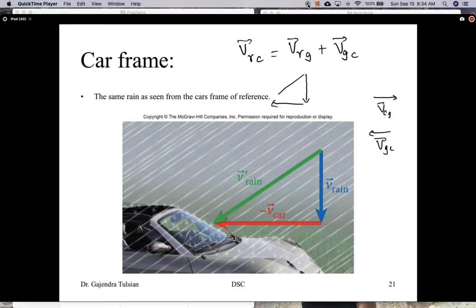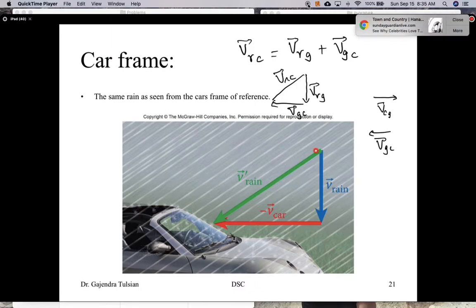And there's the velocity of the rain. So velocity of the rain with respect to ground, plus velocity of ground with respect to car, gives the velocity of the rain with respect to car. So anyway, there's a lot of notation, but this is what the person driving in the car sees, the rain coming into the windshield. All right.